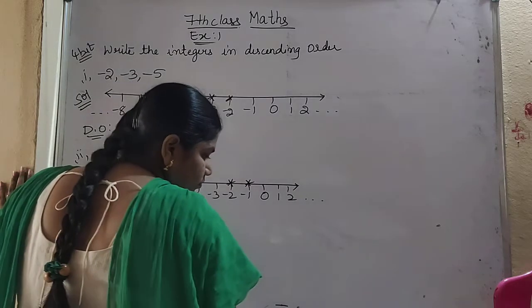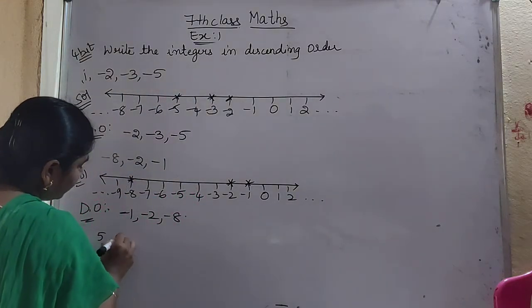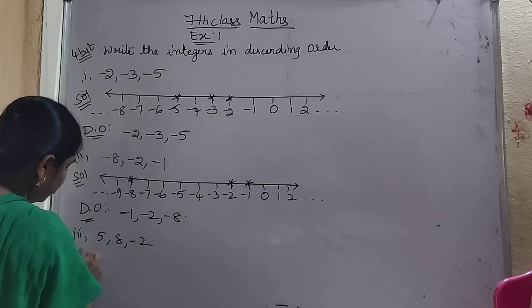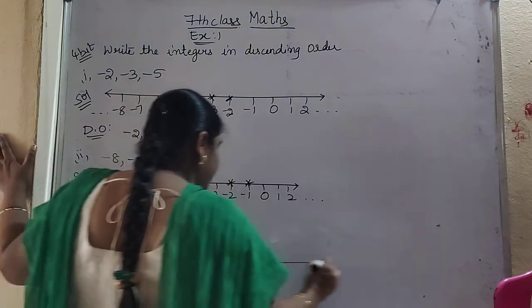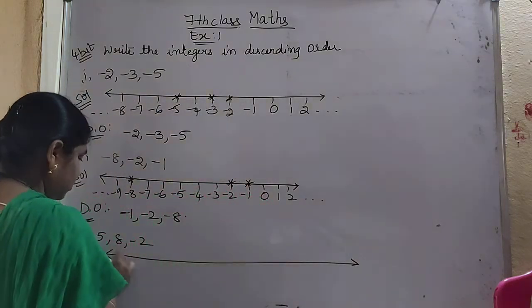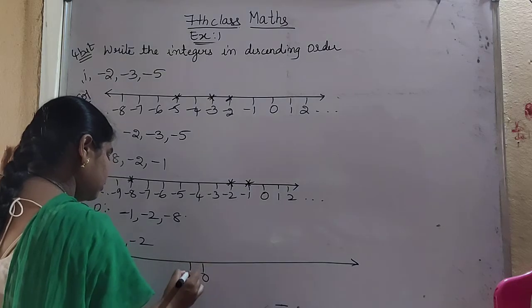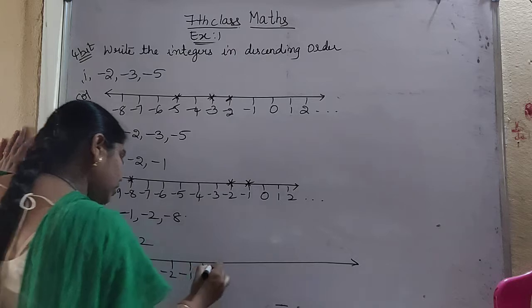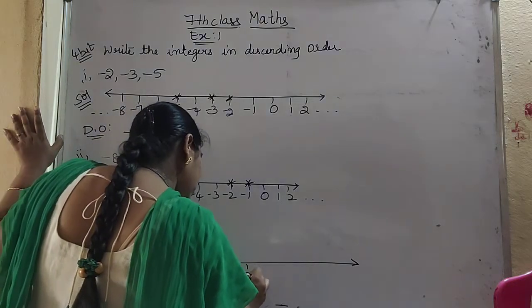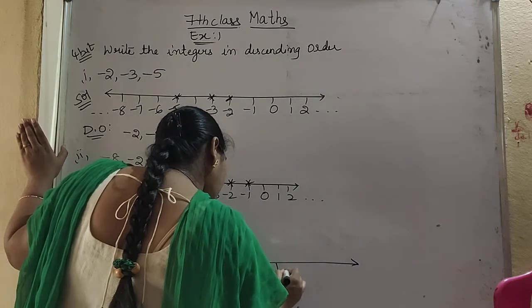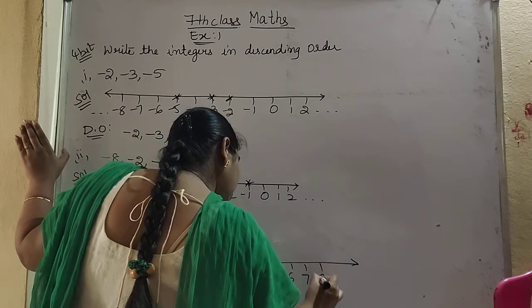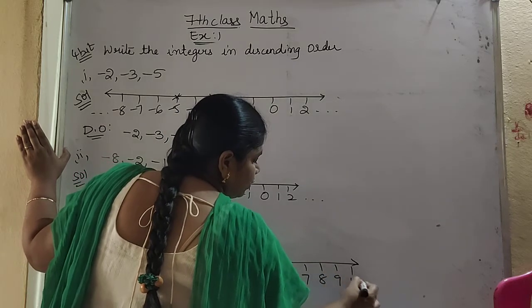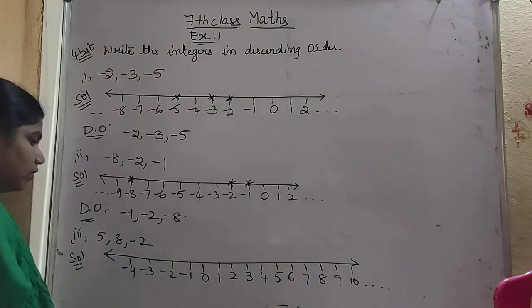So third one, 5, 8, -2. First draw a number line for that. -4 here, 1, 2, 3, 4, 5, 6, 7, 8, 9, 10 and so on. First you mark the values.